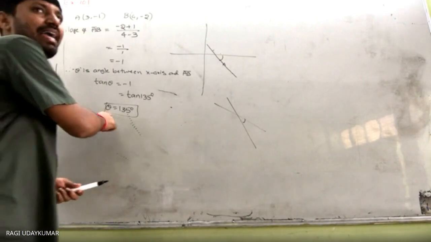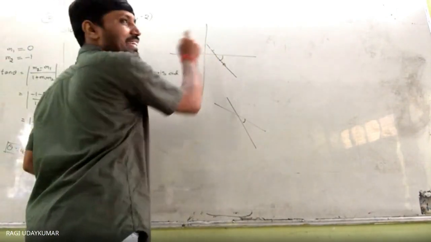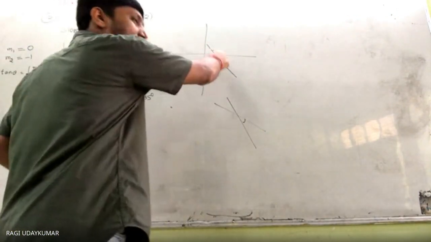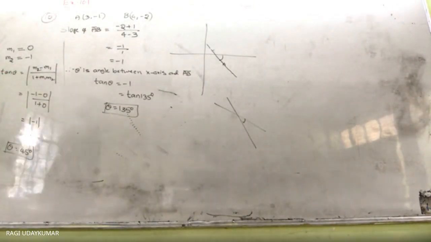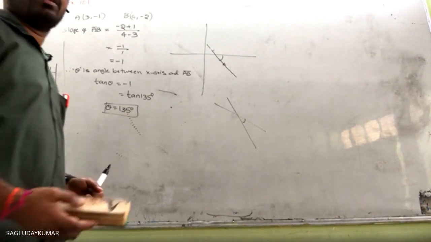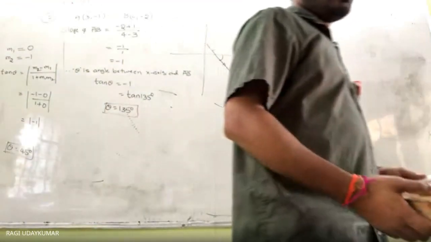What is this theta? This angle. But this angle is 45. So both answers are right only. When you are doing it both ways, you can do it in any way. Okay? Is it clear to you? Did you understand?